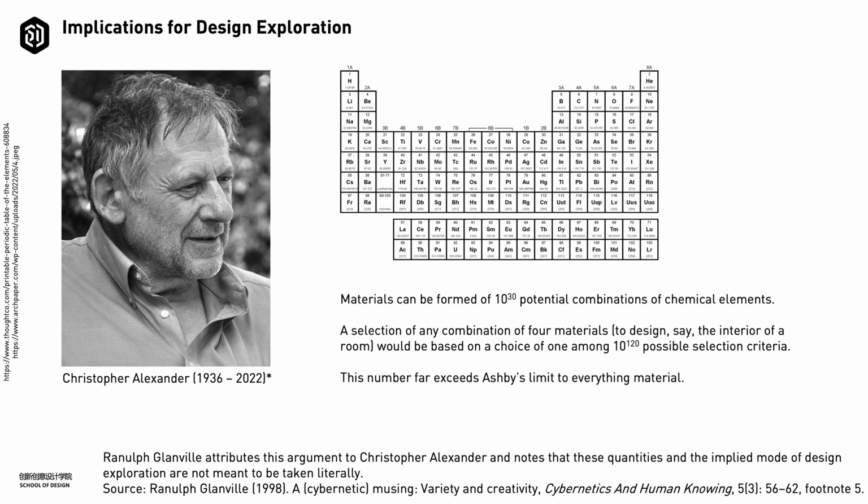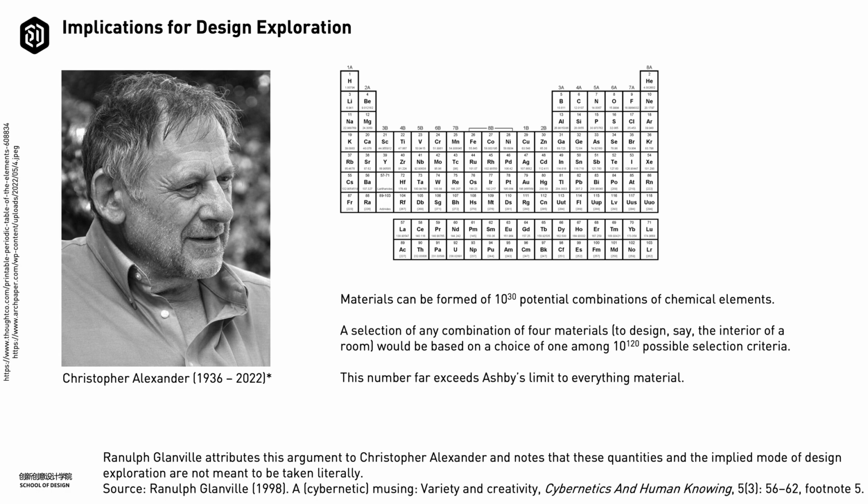A selection of any combination of 4 materials to design, for example, the interior of a room would be based on a choice of 1 among 10 to the power of 120 possible selection criteria. This number obviously far exceeds Ashby's limit to everything material.